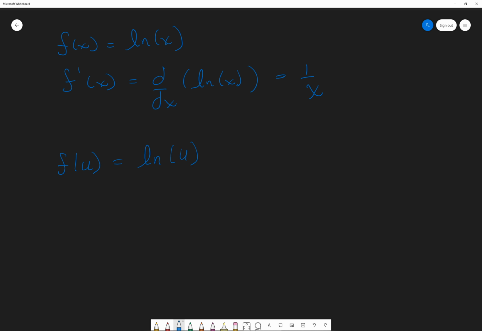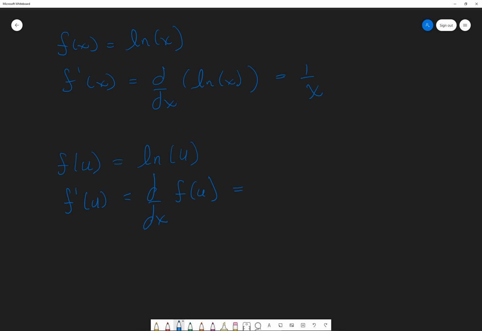Now, what is f prime of u, where we're talking about d by dx of f as a function of u? Well, what you need for that is the chain rule, and sometimes you need u sub.